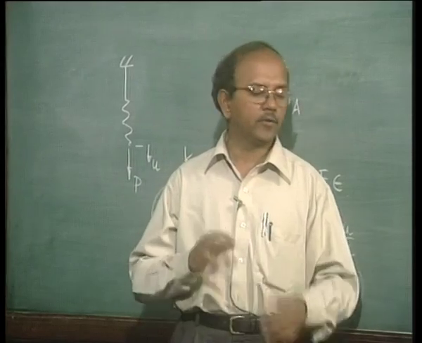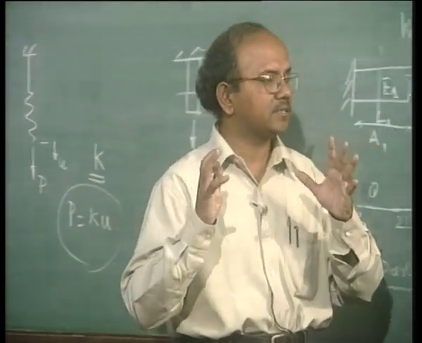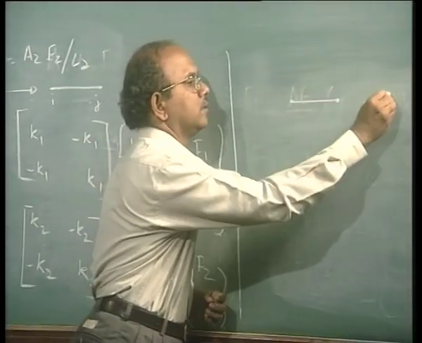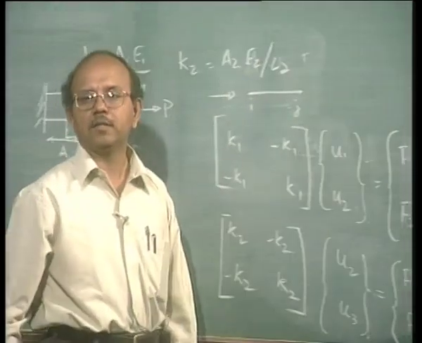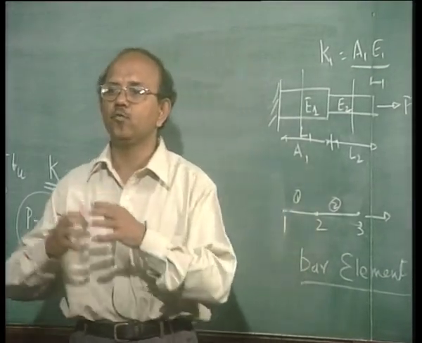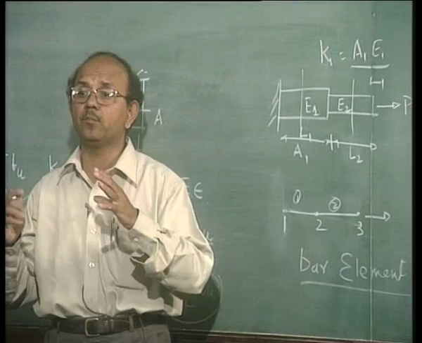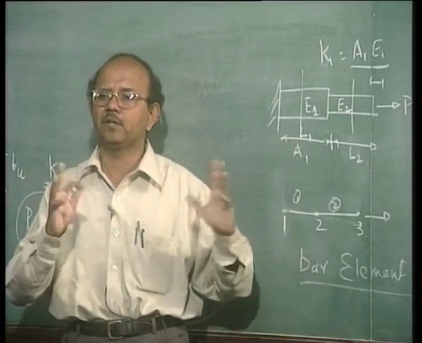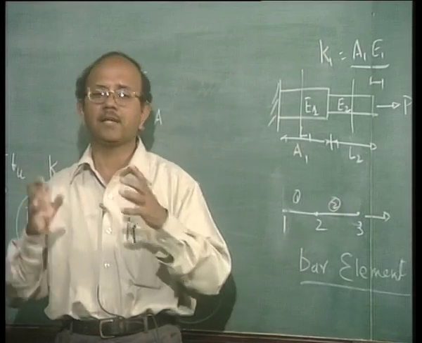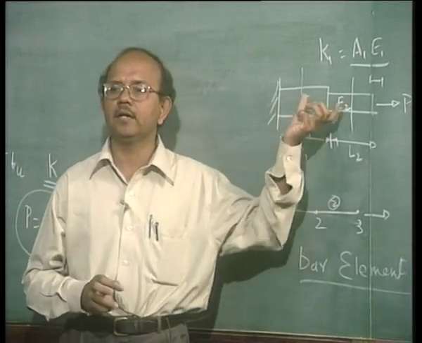How am I going to assemble, or what does this term assemble mean? In order to assemble them, let us imagine that we are building this bar. Let us not worry about the actual manufacturing process, it may be a turning process. We will assemble them as if first I will put this and later put that.